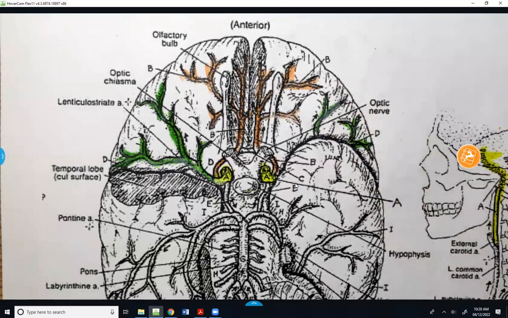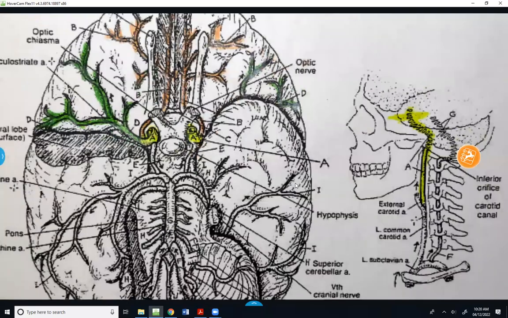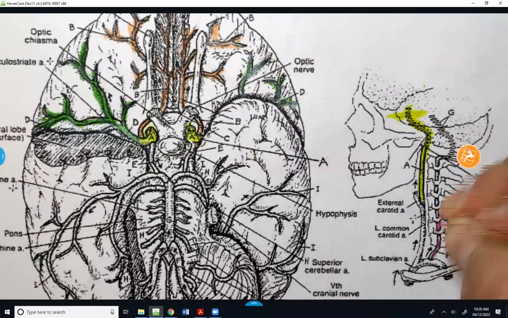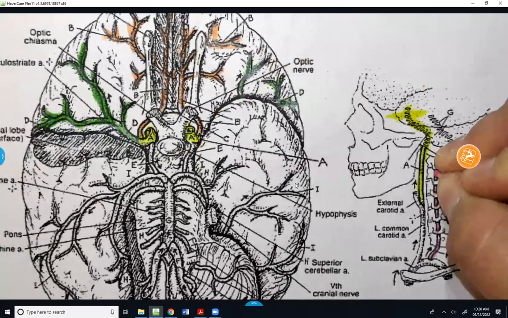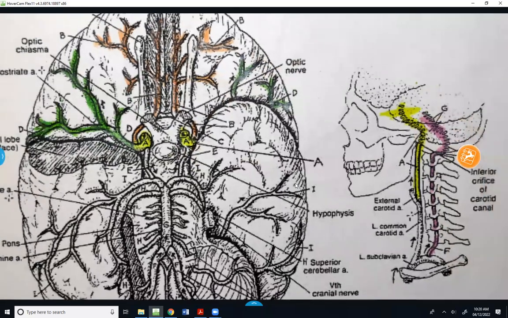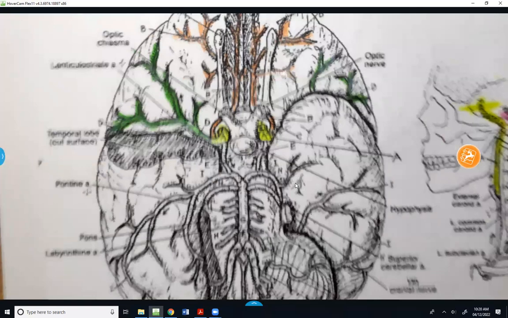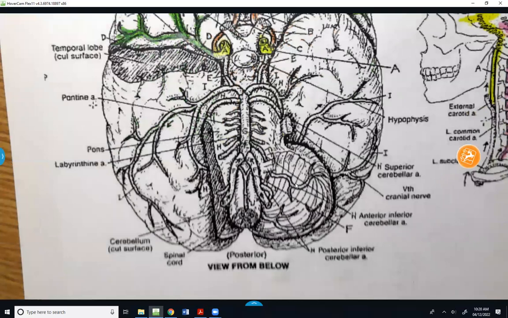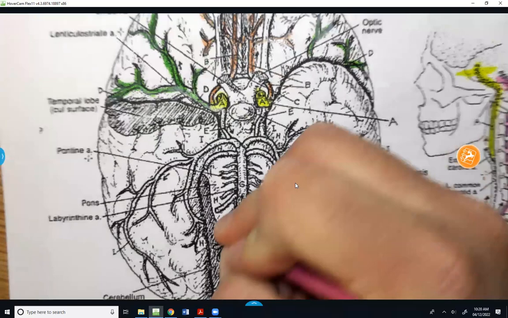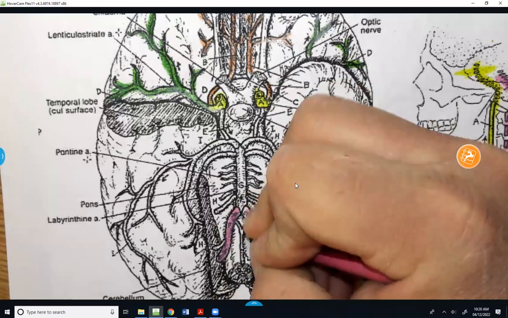Okay. The other major feeders of our brain run up through the cervical vertebrae like so, and those are the vertebral arteries. And well, we have a similar situation, just a little bit of the vertebral arteries shown in our picture.